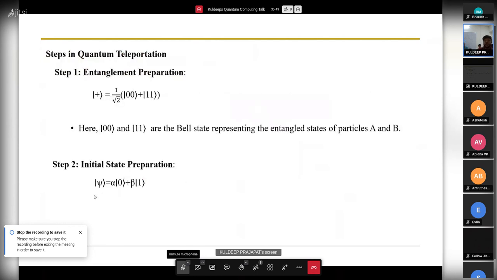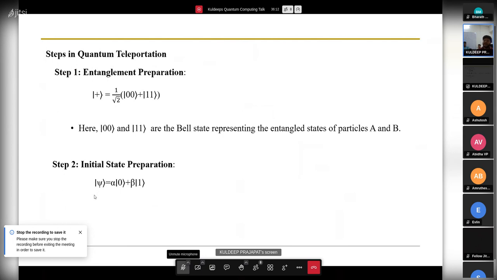Step one of the teleportation process is that you first prepare an entangled state. Let's call the plus state our entangled state of qubits. It is a Bell state actually. Now we need the information that we are trying to send.